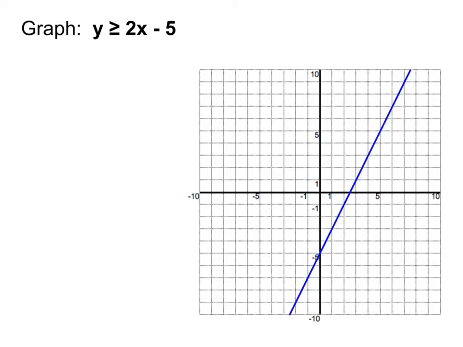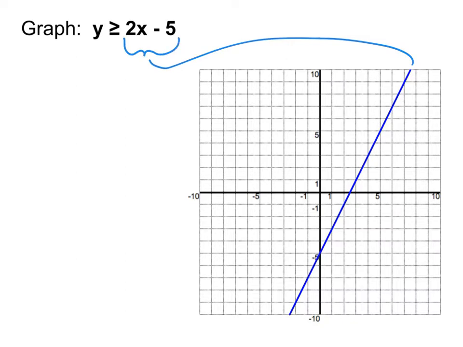And so far, this looks exactly like it did before. However, the difference is that since it's greater than, what it's telling us then is that any point on one side of this line is actually a solution. It's really just a matter of figuring out which side that is. And there's actually a nice, easy way to be able to recognize it. Because this line that we have over here is really what the 2x minus 5 is.